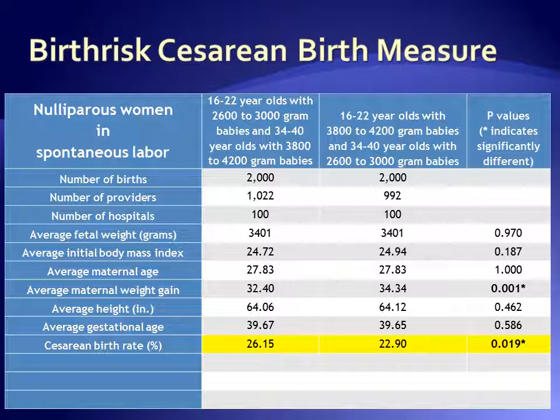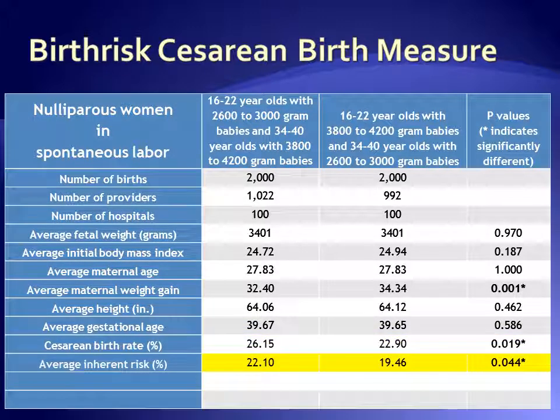I created these two groups in this fashion to illustrate that having two groups of women with similar average risk factors does not necessarily confirm that the two groups had the same inherent risk for cesarean birth. This is because inherent risk is dependent on each woman's unique combination of physical characteristics and not the average of the group.